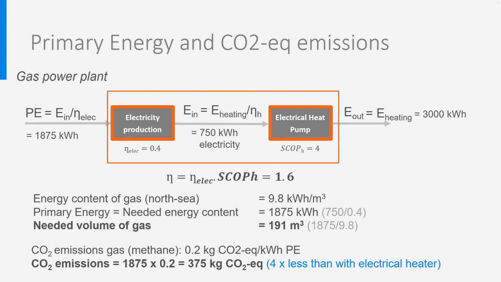Dividing the primary energy by this heating value gives us the quantity of gas, which is 191 cubic meter, 4 times less than when using a simple electrical resistance heater. Evidently, the CO2 equivalent emissions decrease accordingly. If electricity was produced by renewables instead of gas, we could then consider the primary energy to be zero. The CO2 emissions will be zero as well.